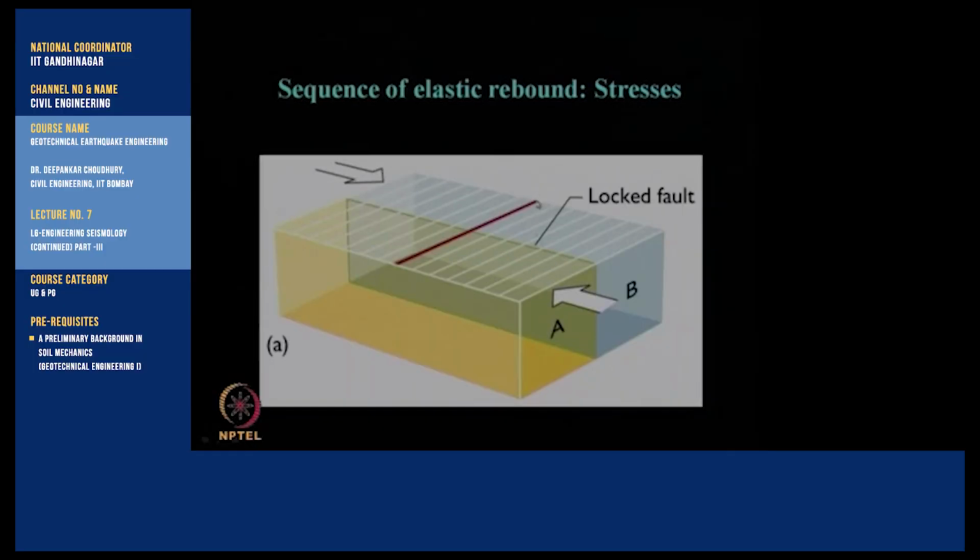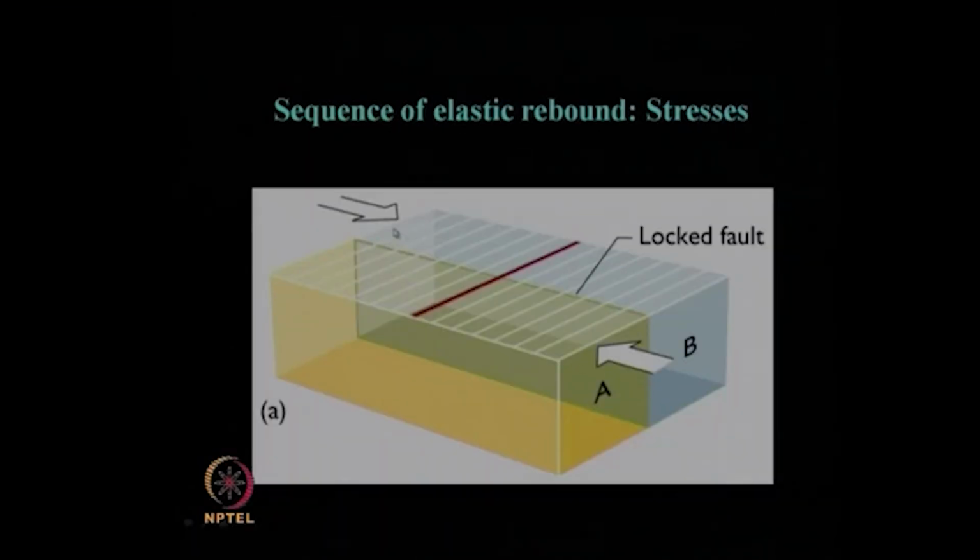And let us see how we monitor the movement of the points over this red line. Now, let us take the example of only the transform type of plate boundary movement. It can occur for different types of plate boundary movement, of course, but here we are showing it for the transform type.